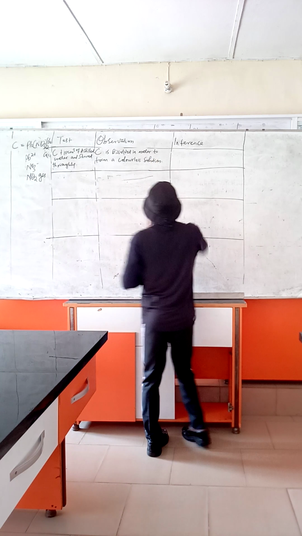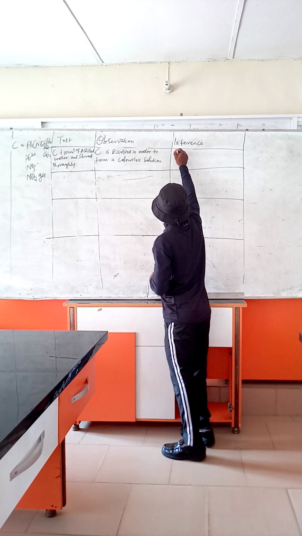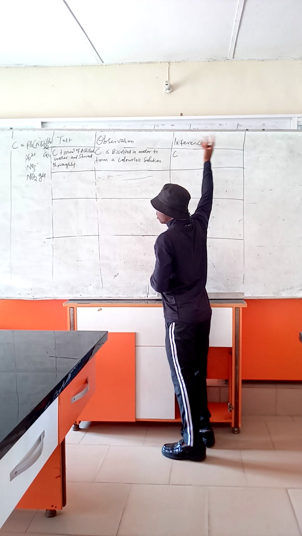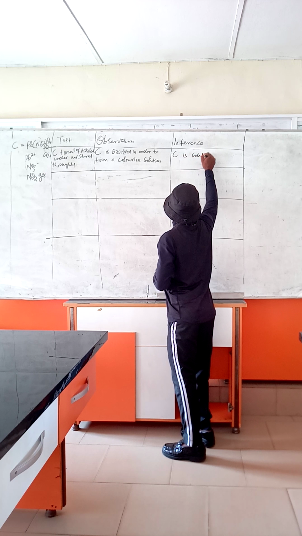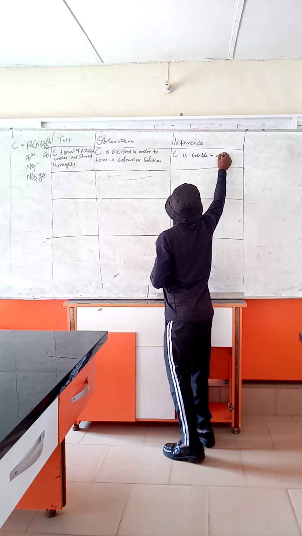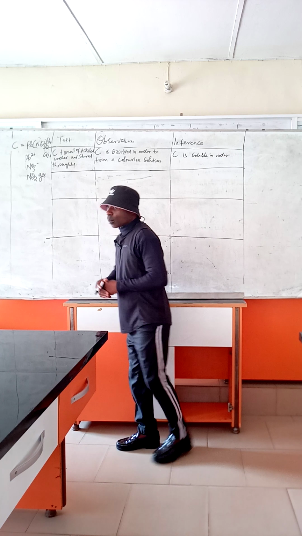Now, as a chemist, the logical deduction from this observation, which is called inference, would be that salt C is a soluble salt, or C is soluble in water.